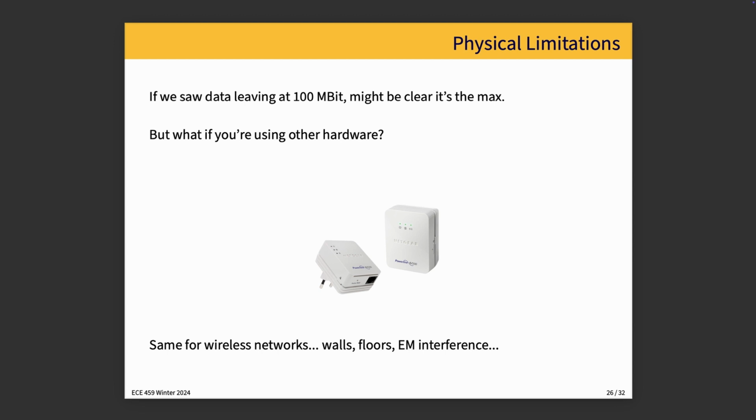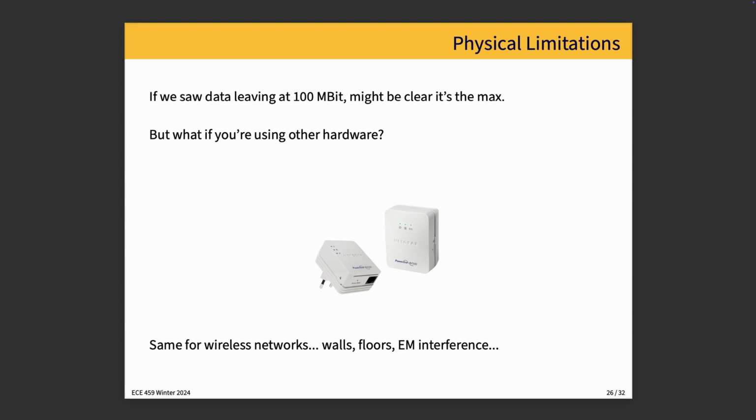But if it's not your house because you're just renting it, what do you do? So you can use wireless network, but you could also use these power line devices. And these power line devices basically work by adding the networking signal on top of the power signal that runs in the regular AC wall sockets.